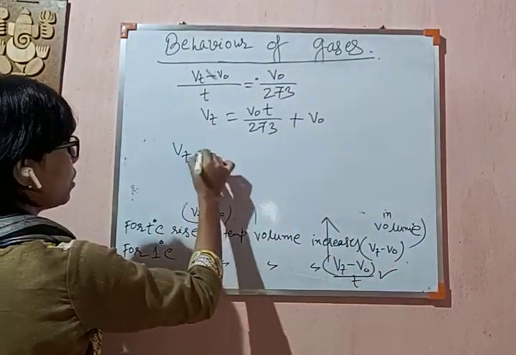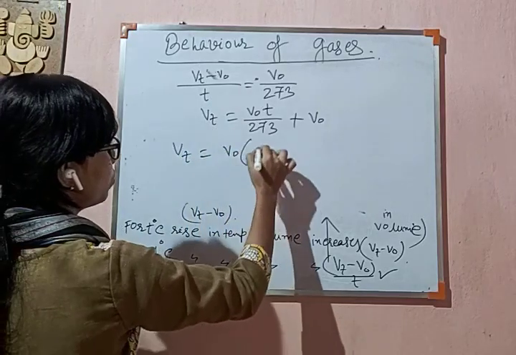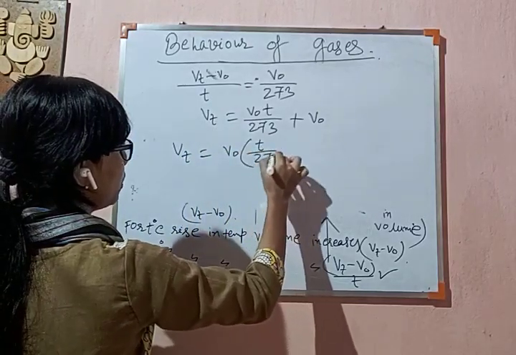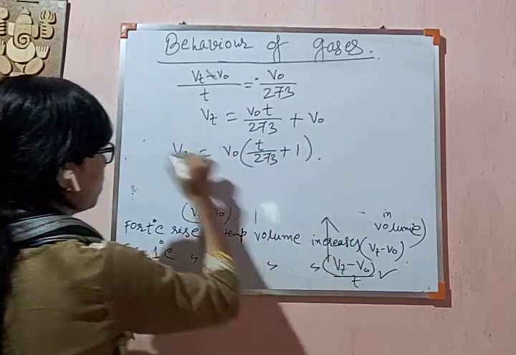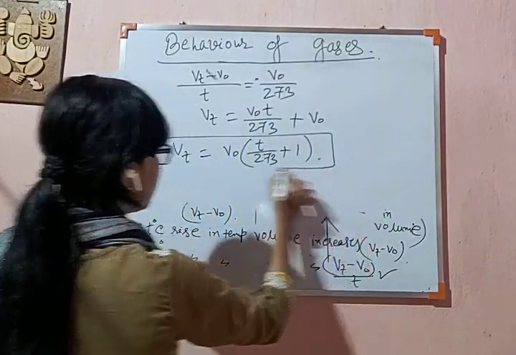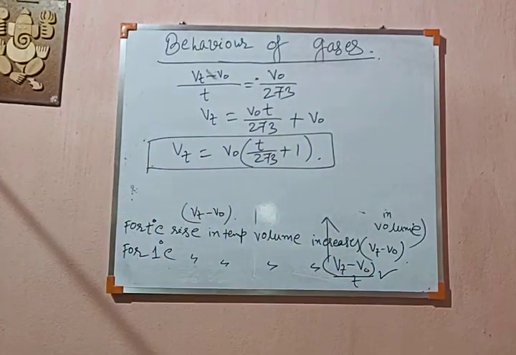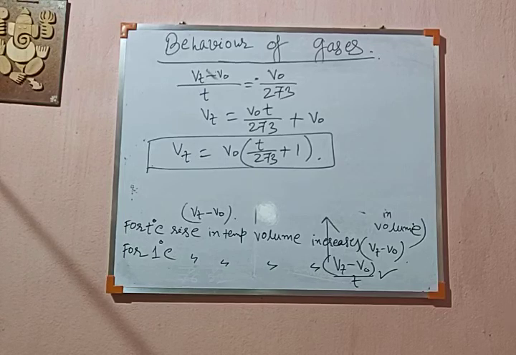So Vt equals V0 into T by 273 plus 1. This is the mathematical expression of Charles' law: Vt equals V0 into 1 plus T by 273.